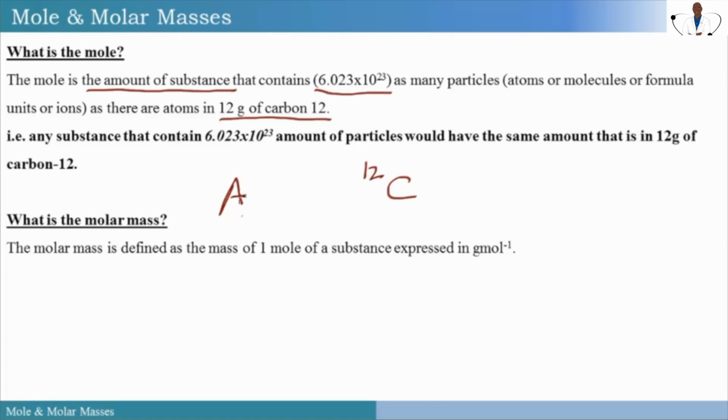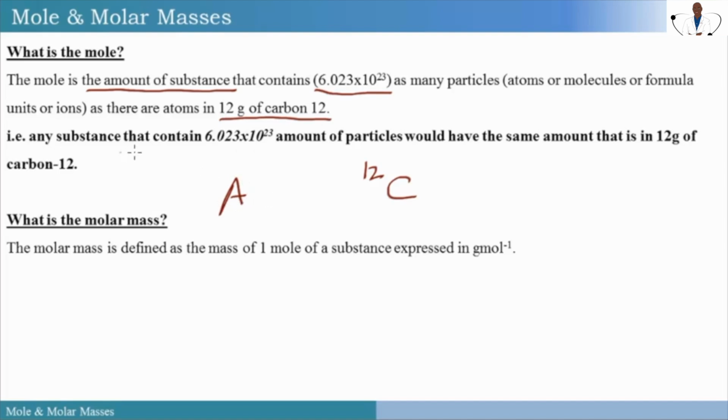So if this substance A contains this number of particles that is in 12 grams of carbon-12, then this substance contains 1 mole. If it contains twice the number of particles, then substance A contains 2 moles, and so on.